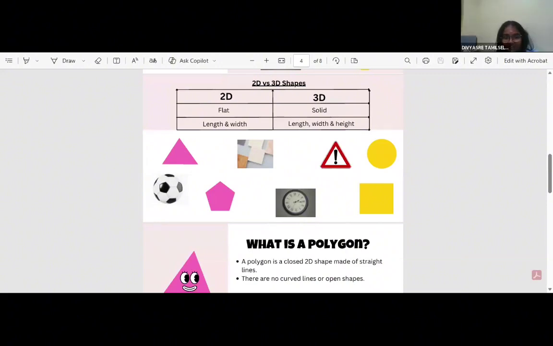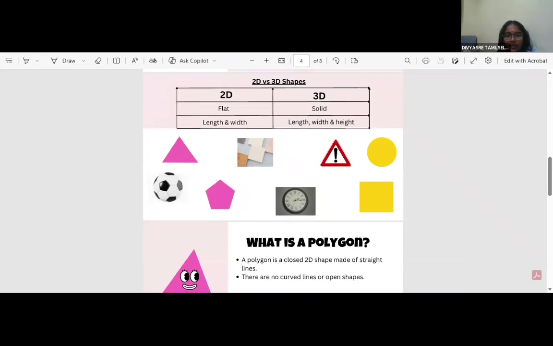Okay, good try. So 2D shapes are flat and they have only length and width. Meanwhile, 3D shapes are solid in form and they have length, width and height. So for today we will focus on the 2D shapes first.